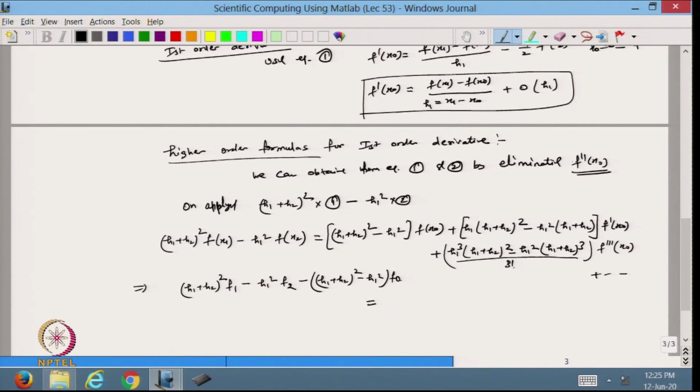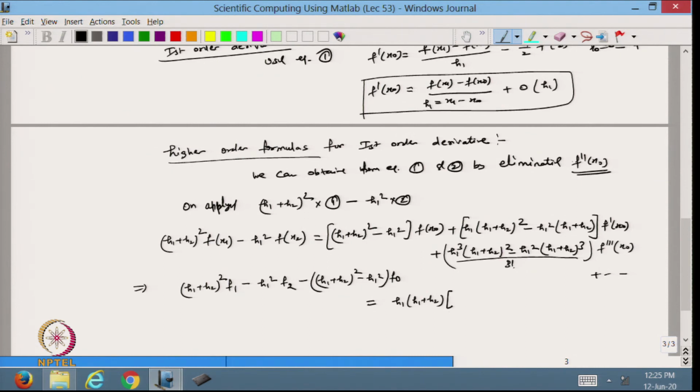Now what I do is, if you solve this one, from here I can write this as h1 into (h1 plus h2). So I can take h1 common and (h1 plus h2) common.